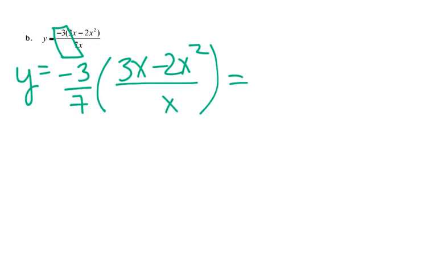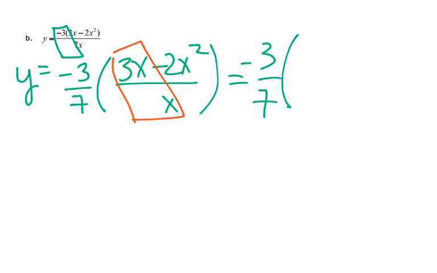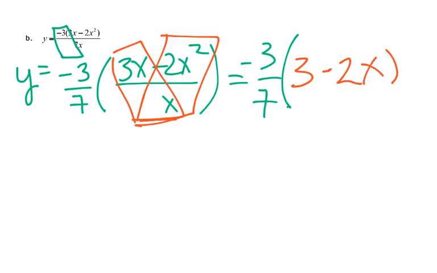We can divide this up so that we're doing 3x divided by x, which would give us, so we have the negative 3 over 7, 3x divided by x here would just leave us with a 3. And then we can do negative 2x squared divided by x, which leaves us with negative 2x.